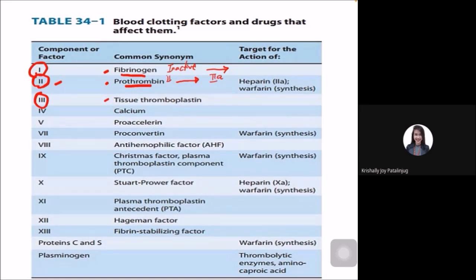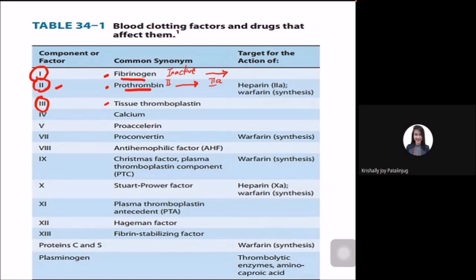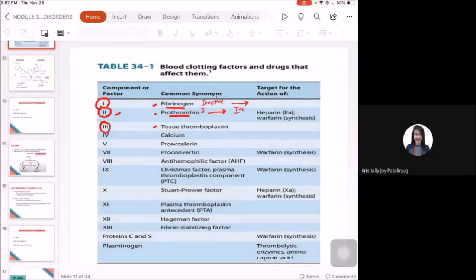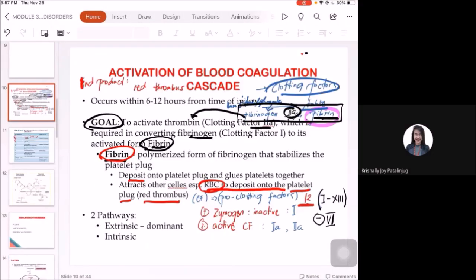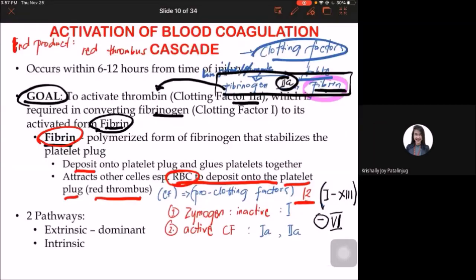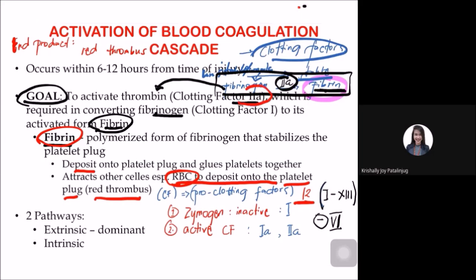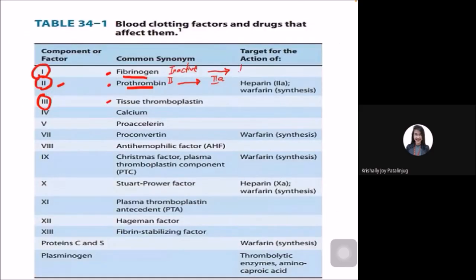Okay. Clotting factor 2A, as mentioned, that is already thrombin. Di ba? So kapag na-activate na yan, okay, ang 1A will be formed. Okay, kasi 1A is already the fibrin.